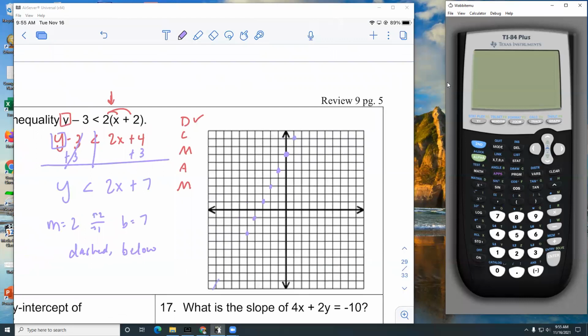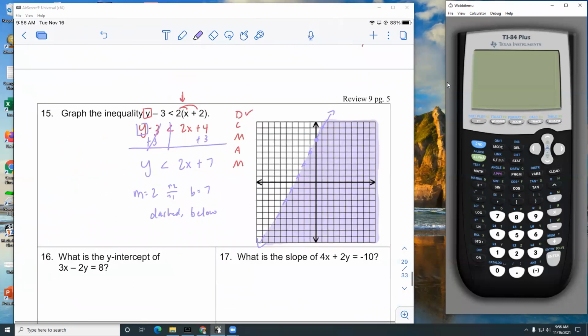Draw in your dashed line, and go ahead and shade below. And there we are.